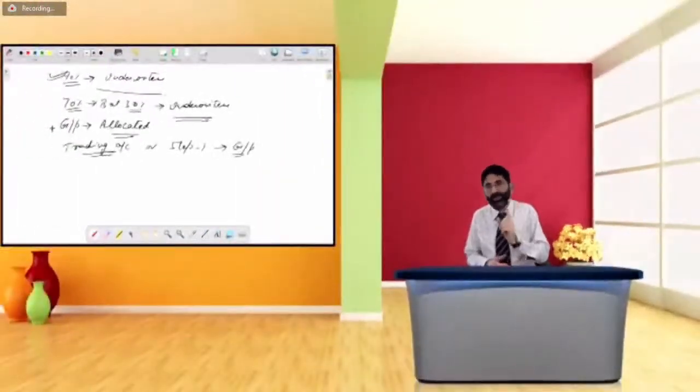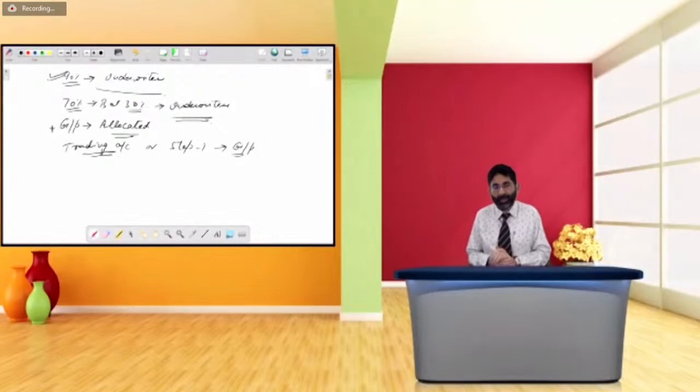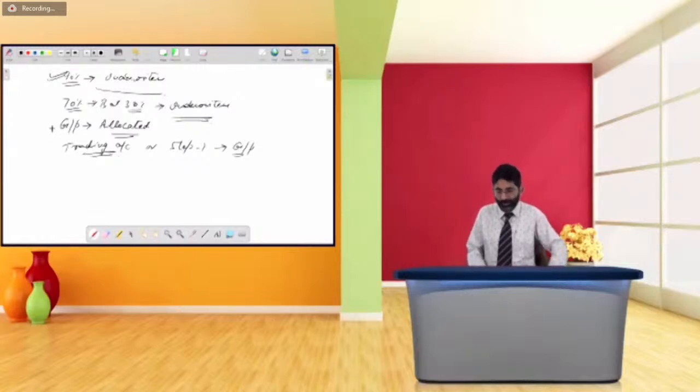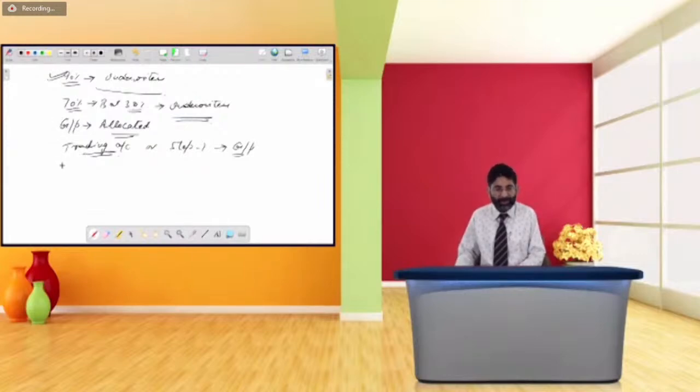One homework which I would like to give to you in profit prior to incorporation is that you should do all the questions that have come in your exams in the previous attempts. You should do all those questions, and also those questions which are in the RTP, beta. You should do that and practice it. Check whether you could do it easily or if there is any problem.